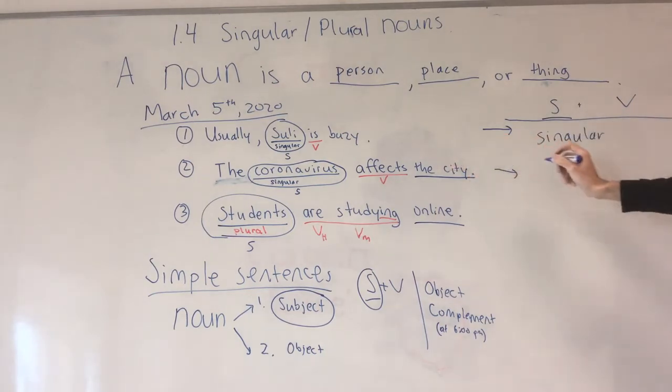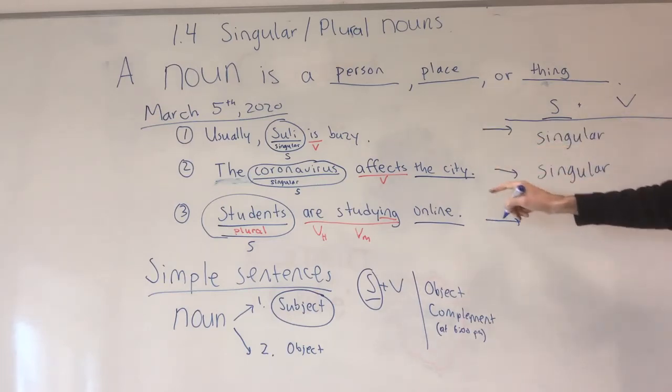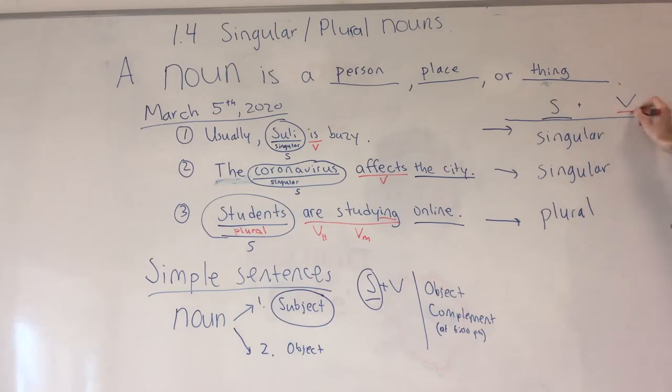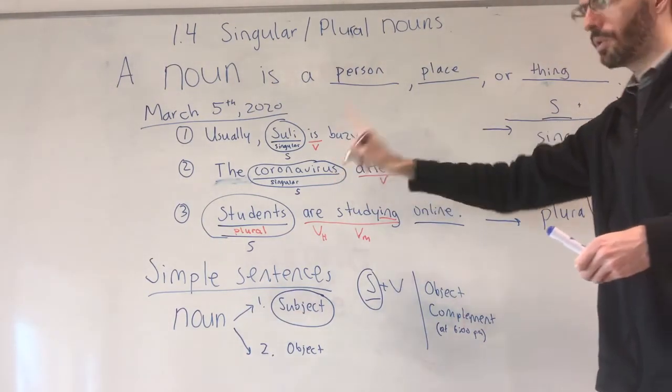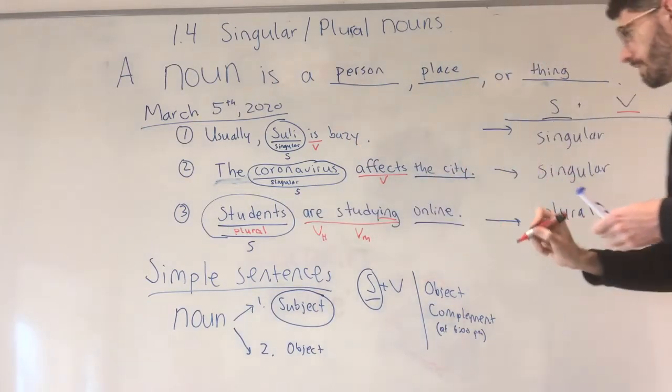I have a singular subject, coronavirus, and over here, students is a plural subject. Okay, so with the subject, the verb has to match. If it's a singular subject, it means only one city, Suli. One thing, coronavirus. Students, 2 or more, 2, 3, 4, 5.